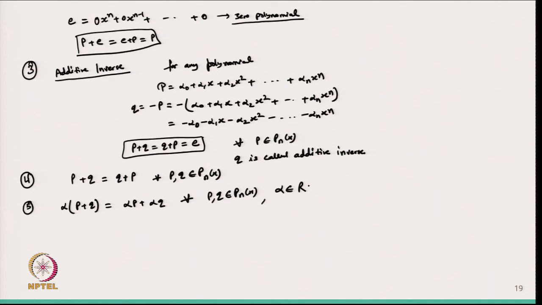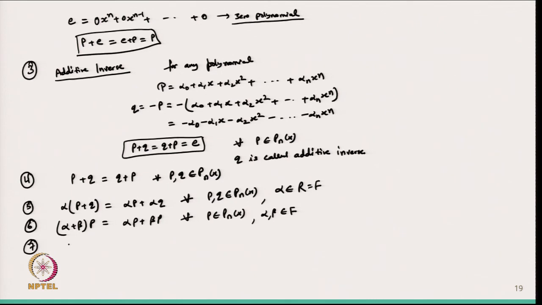So, it is my field, basically we are taking the field in this case. The sixth one is alpha plus beta times p, which I can show is equal to alpha p plus beta p, and that is also true for all p belonging to P n x and alpha, beta in the field.